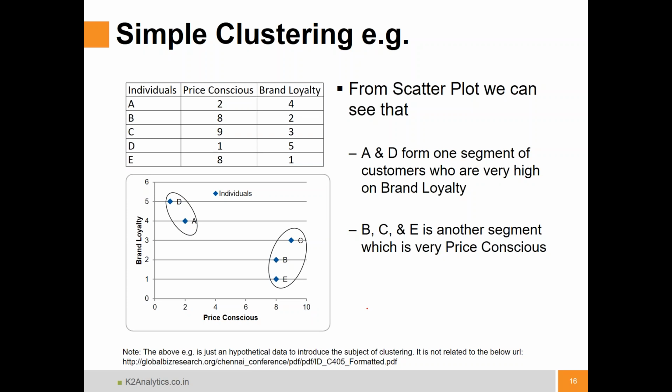If I take these two dimensions, and there are certain customers marked here, and make a plot of a sample handful of records only, then you see that customers C, B and E have rated themselves highly on price consciousness and low or moderate on brand loyalty, whereas the other set of customers, A and D, have rated themselves very high on the brand aspect and low on the price aspect.